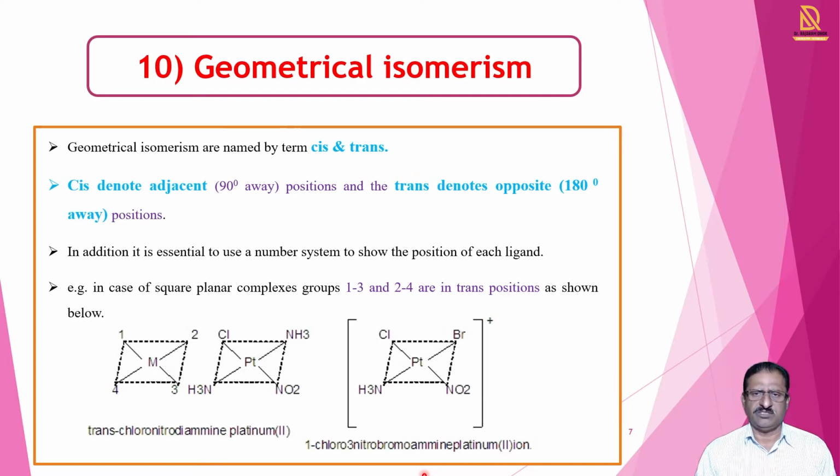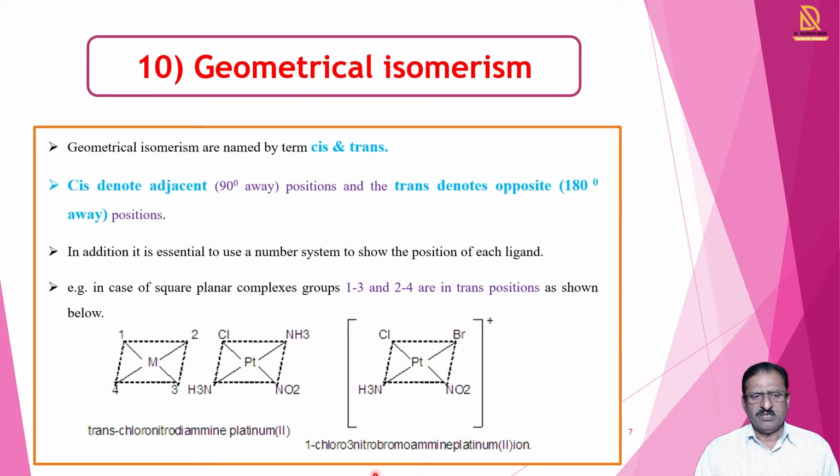That is also called simply the same side, meaning ligands are present on one side. And trans means the same type of ligands are at opposite sides, at a 180-degree angle away from each other. Such cis and trans positions we can show in geometrical isomerism.